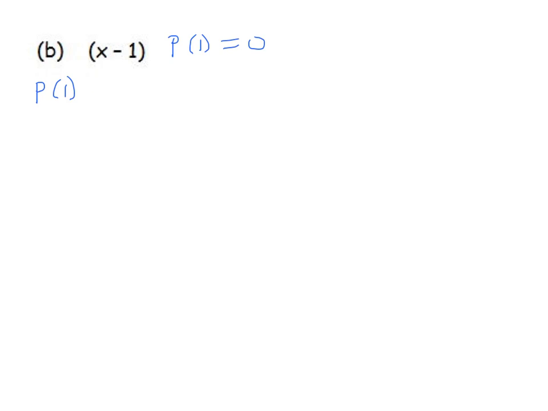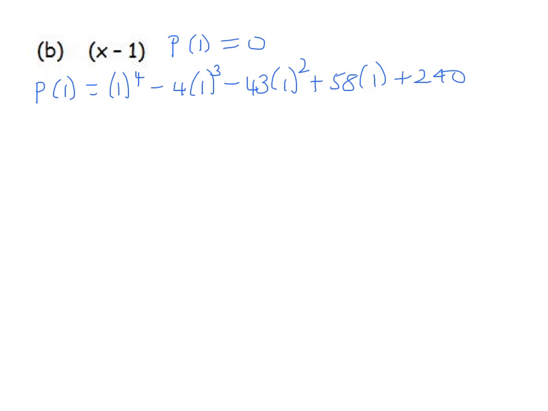So p of 1 will equal 1 to the power of 4 minus 4 times 1 cubed minus 43 times 1 squared plus 58 times 1 plus 240. So it's going to be 1 minus 4 minus 43 plus 58 plus 240. If you combine all that together, you get an answer of 252.